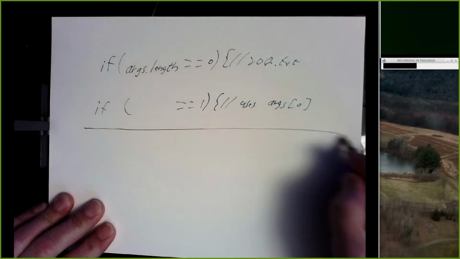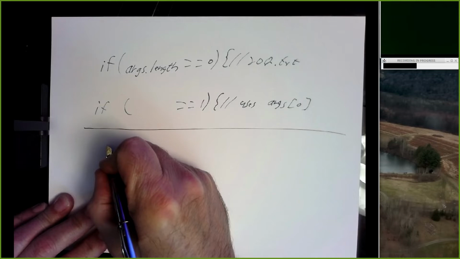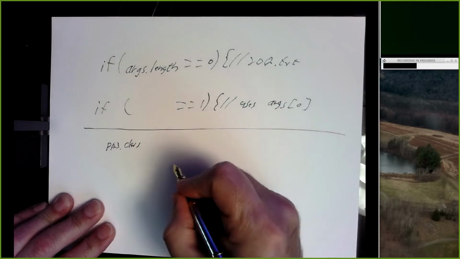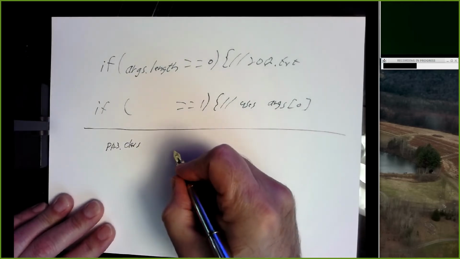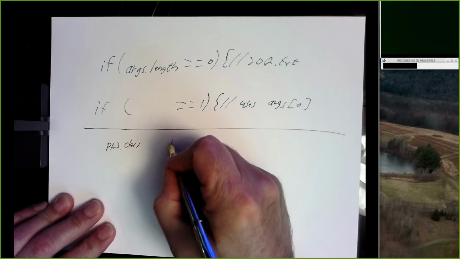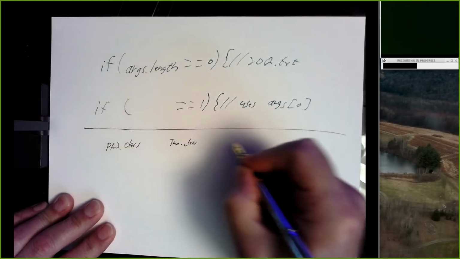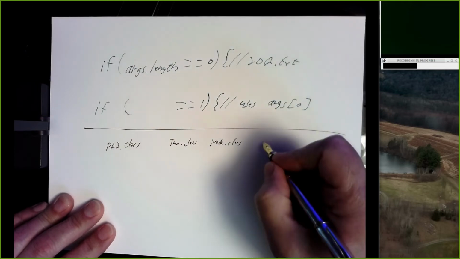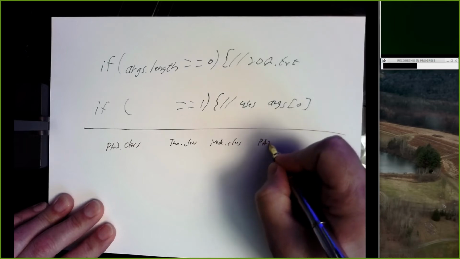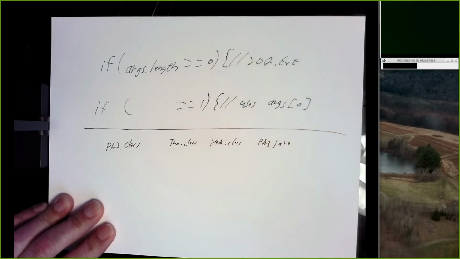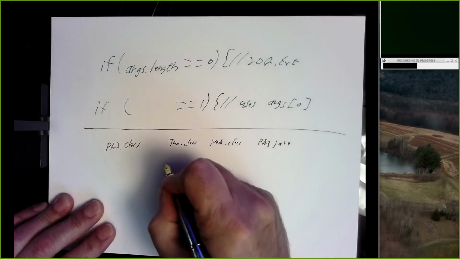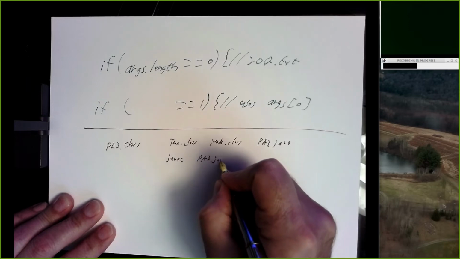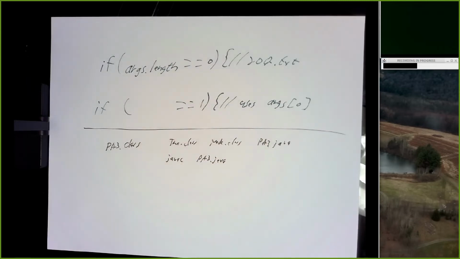So I could say my executable would be pa3.class, and it depends on tree.class and node.class and pa3.java. That looks a little weird. But then my way to build this would be javac pa3.java.